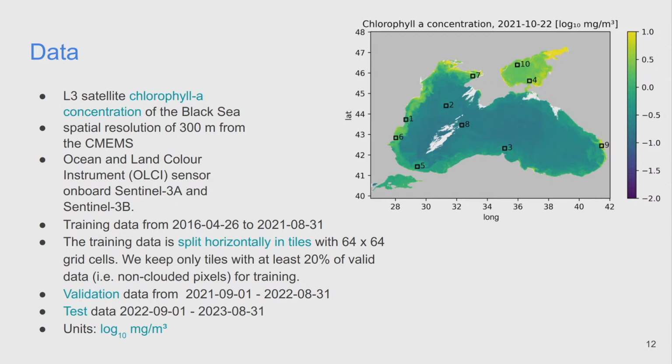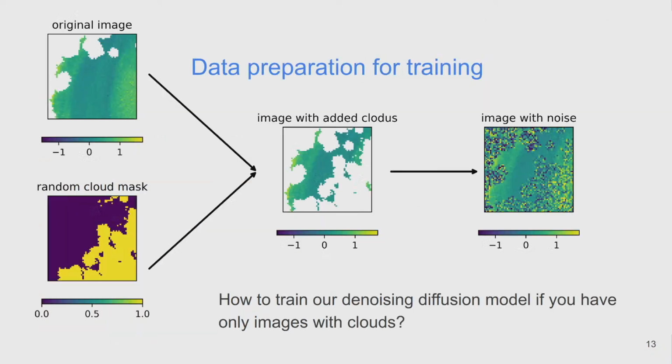And as usual, we are training on some 15 years of data, and then validating on the last years of data. So the validation and test data set is independent from the training data set, as you would expect.